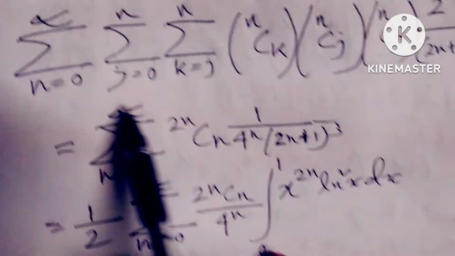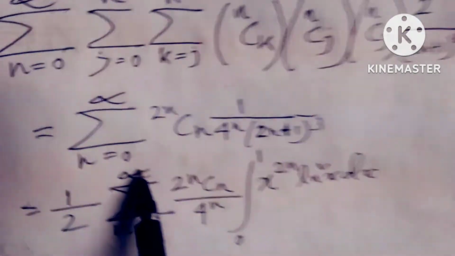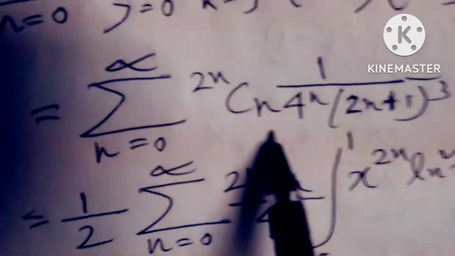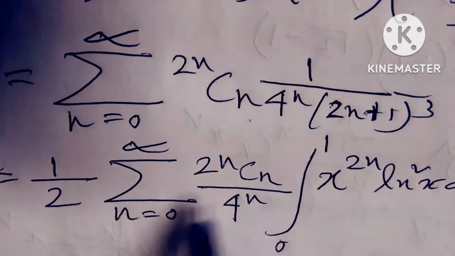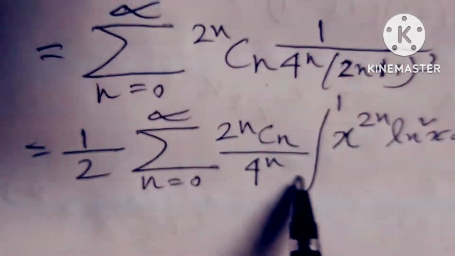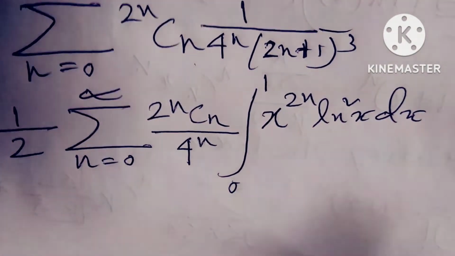So friends, you see that this equation will become summation n equals 0 to infinity of C(2n,n) 1 by 4 to the power n (2n plus 1) whole cube, and after that we see C(2n,n) over 4 to the power n times x to the power 2n ln square x. How?